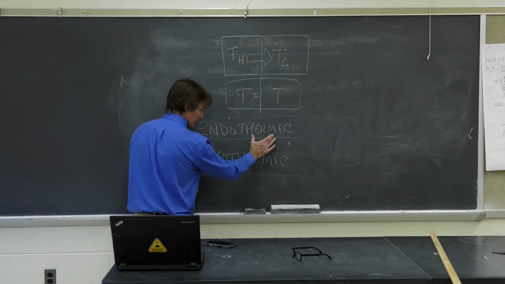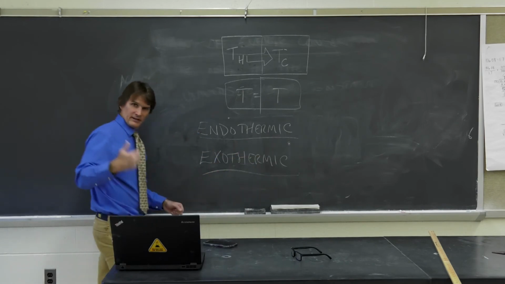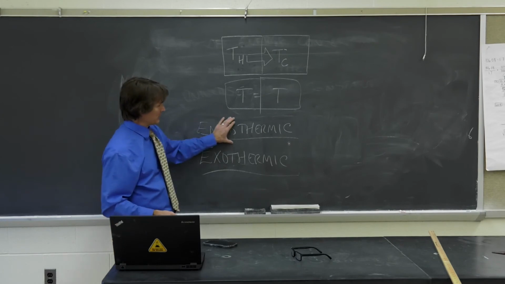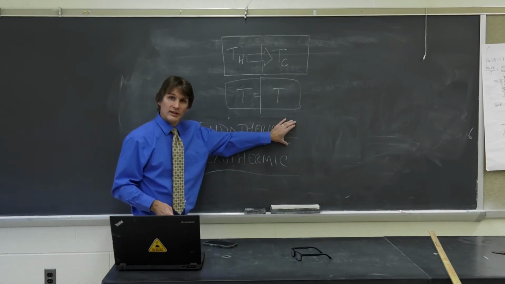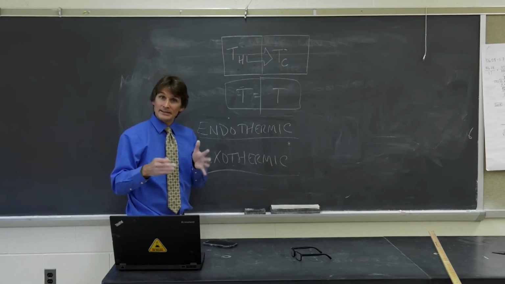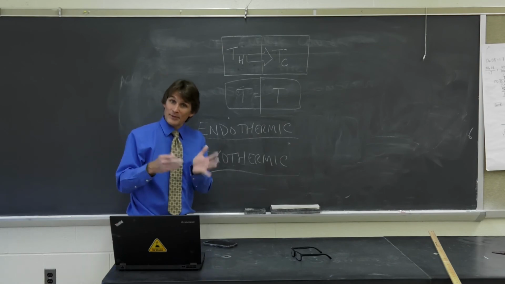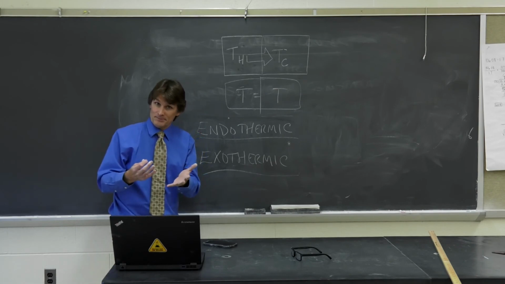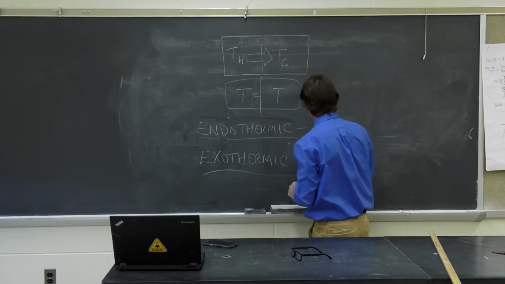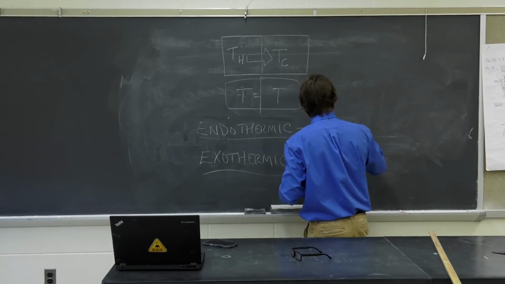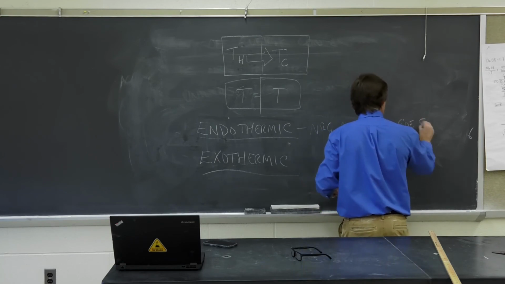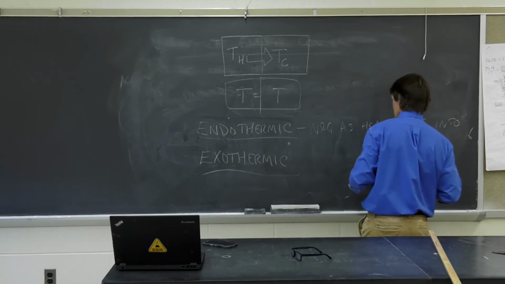And I see the word therm in here, or at least the root word therm in here, that conjures up the idea of heat. And so in endothermic changes, what we're going to think of is energy as heat going into something. And the something that it's going into is going to be the system. And so when we have an endothermic change, we have energy as heat goes into what?